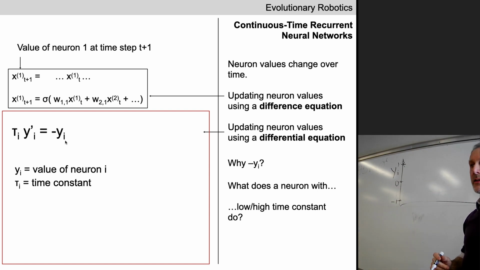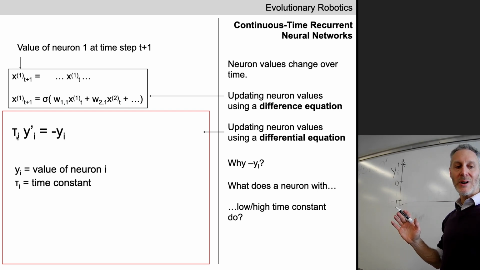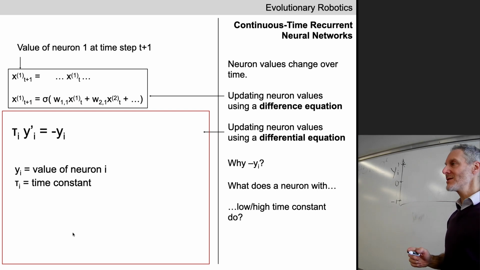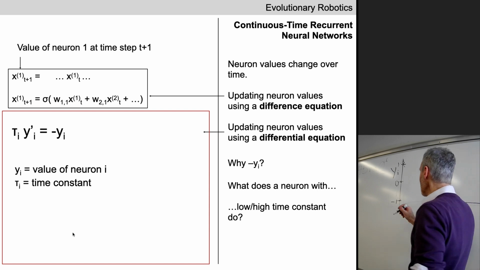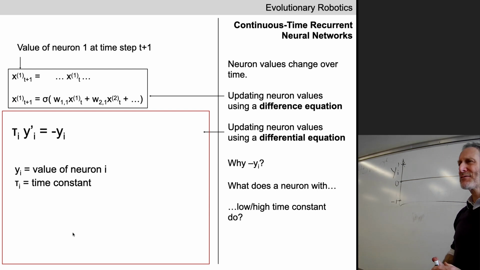Just a reminder that we can see the subscripts. Remember that there is a separate y and a separate tau or time constant for every neuron in the CTRNN. You may or may not have seen this before, which is adding terms to the left-hand side of an ODE. Most of you have probably seen the state variable prime sitting by itself on the left-hand side of the equation.